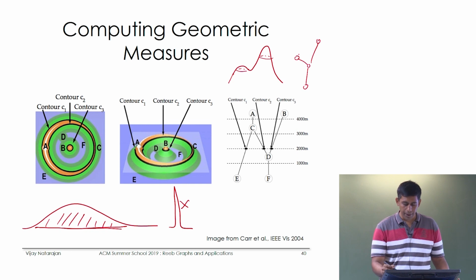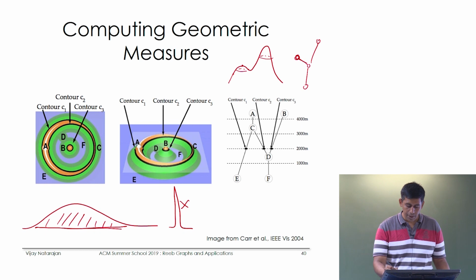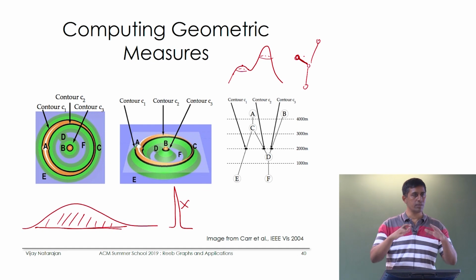I start from this leaf and the corresponding point here and sweep inwards. As I sweep, I look at how many regular points I cross. Essentially I am trying to find the number of regular points that map to this arc. That gives me an approximation of the surface area of that feature.